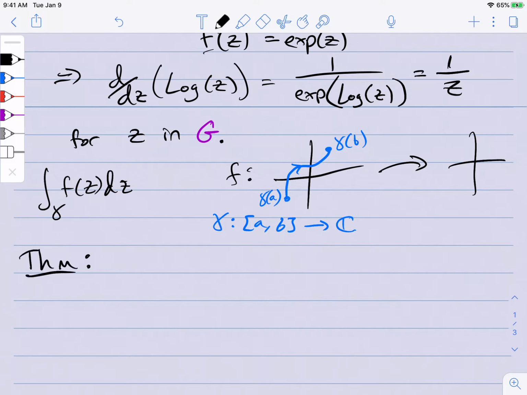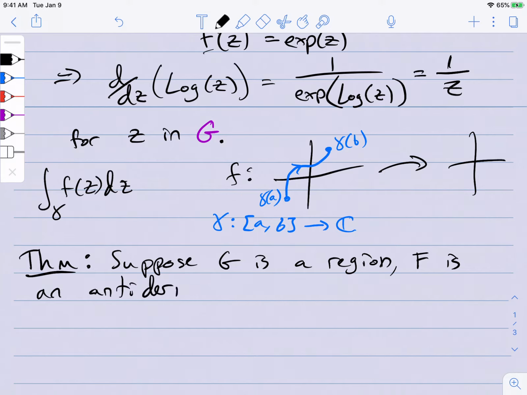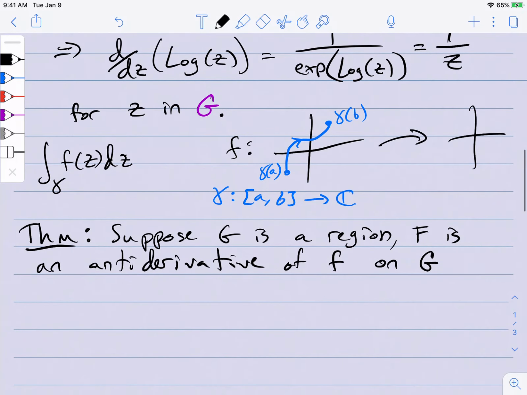Okay, and so then the theorem says, suppose G is a region, and let's say capital F is an antiderivative of little f on the region G. And one other important thing is our path has to stay within this region.